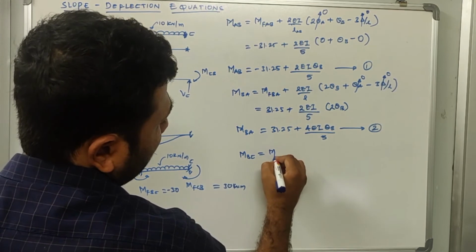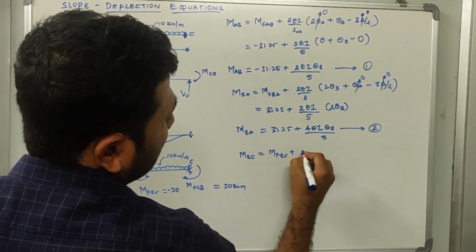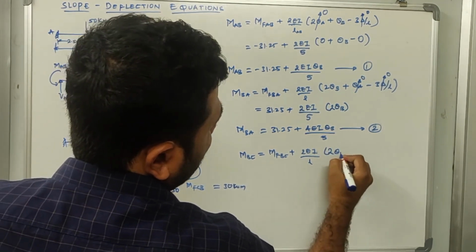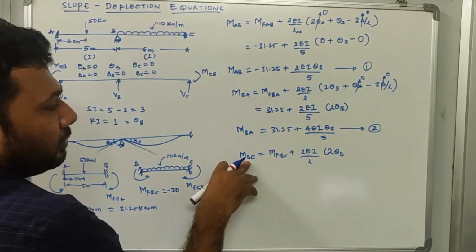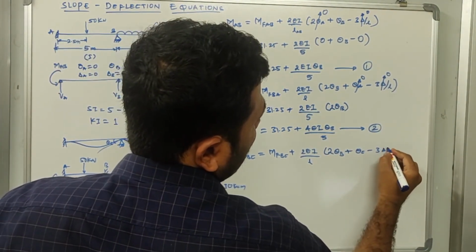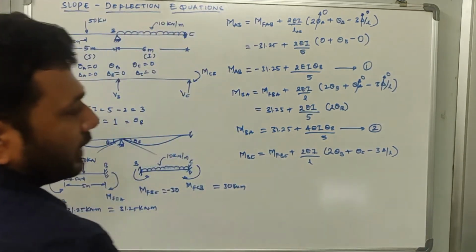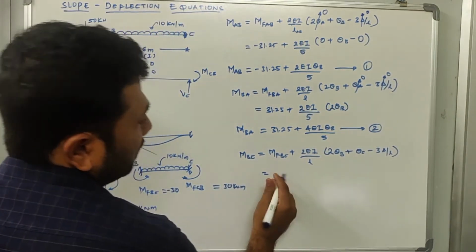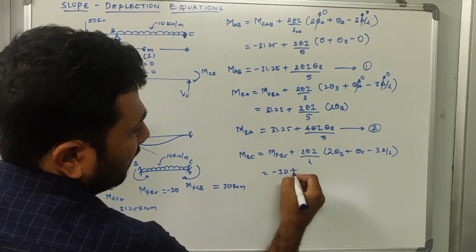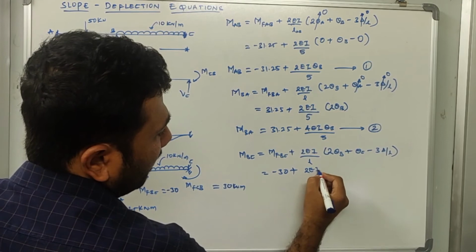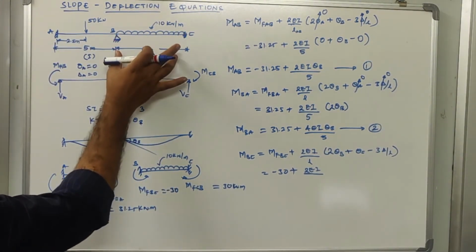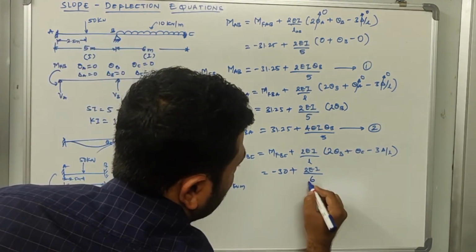MBC is equal to MFBC plus 2EI by L times 2 theta B, where B is the near end and C is the far end, plus theta C minus 3 delta by L. This is correct, right? Now let me substitute the values. MFBC is minus 30 plus 2EI by L. What is the length of member BC? The length of member BC is 6 meters, so I am substituting that over here.